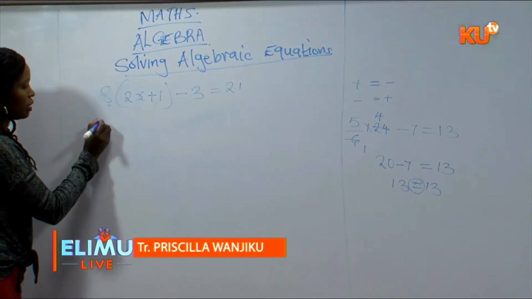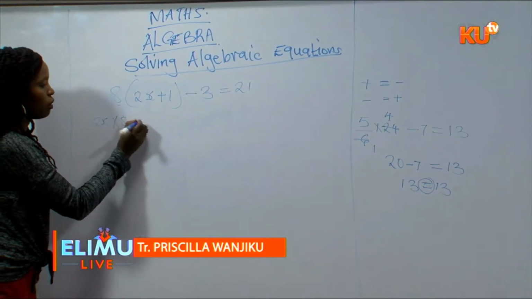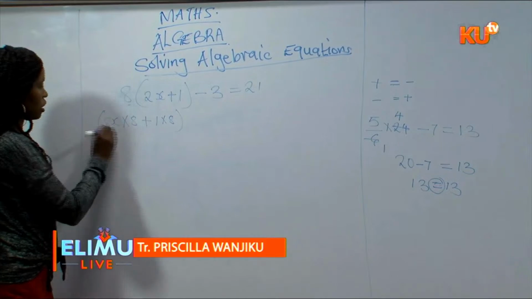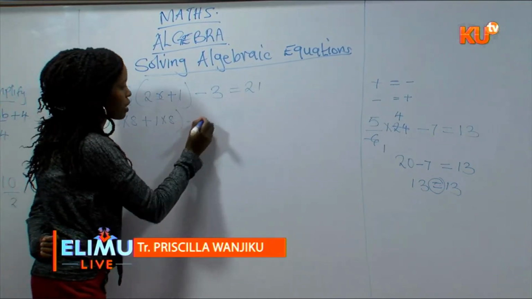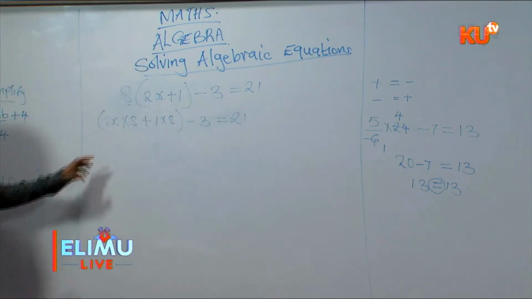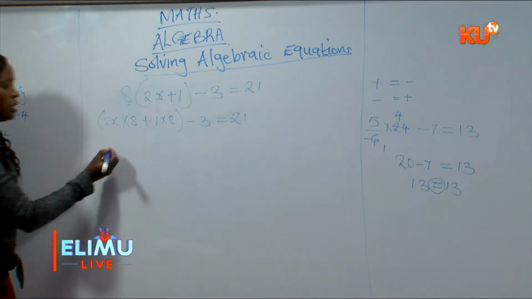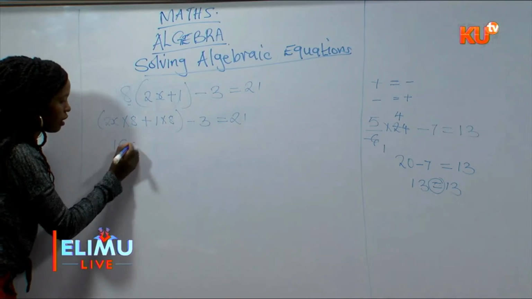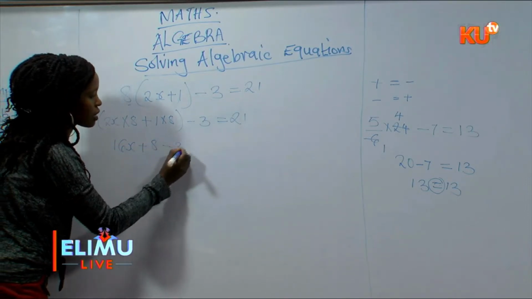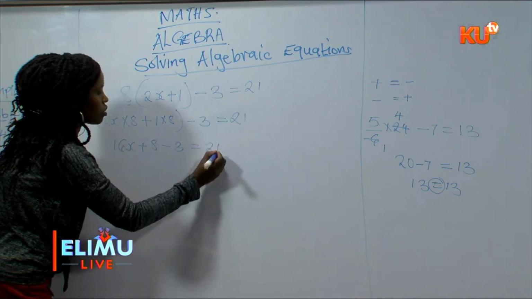That was a bracket. Minus 3 is equal to 21. 2x times 8, I'm going to get 16x plus 8 minus 3 is equal to 21.